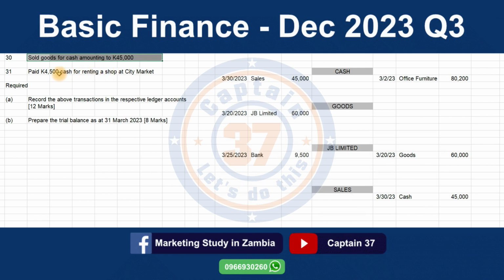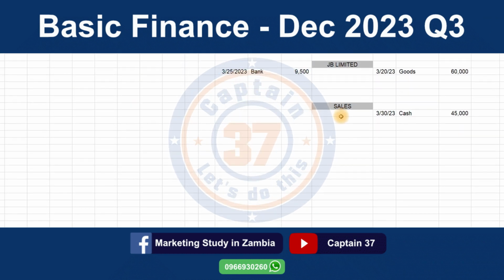The cash account is here, and from this cash account we removed 4,500, meaning we are going to credit this account. This transaction happened on the 31st of March 2023, and this particular cash went to what? Rent. How much? 4,500.